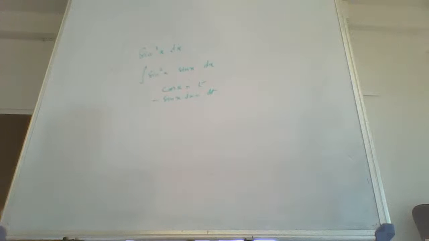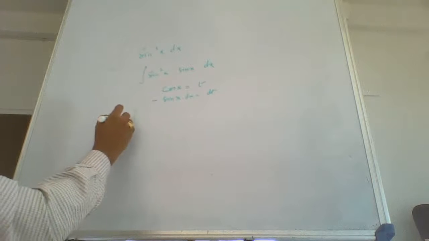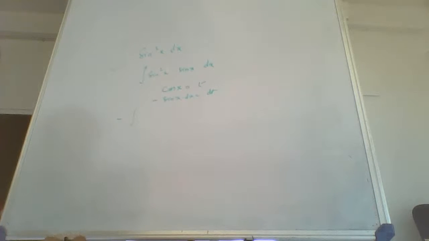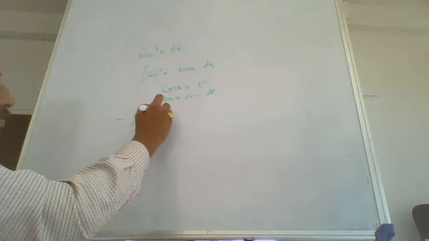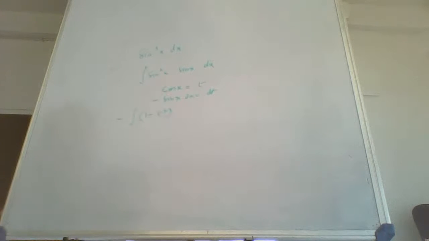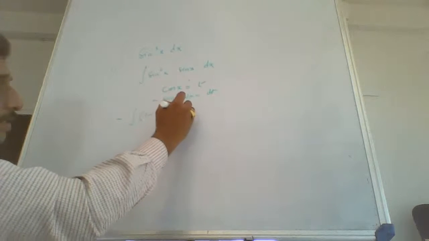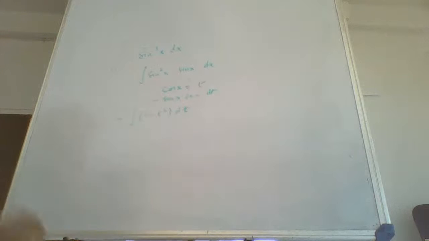Sine square can be written as 1 minus cos square, which is 1 minus t square. So let us substitute all those which I have mentioned. So this is minus of the integral of (1 minus t square) dt.